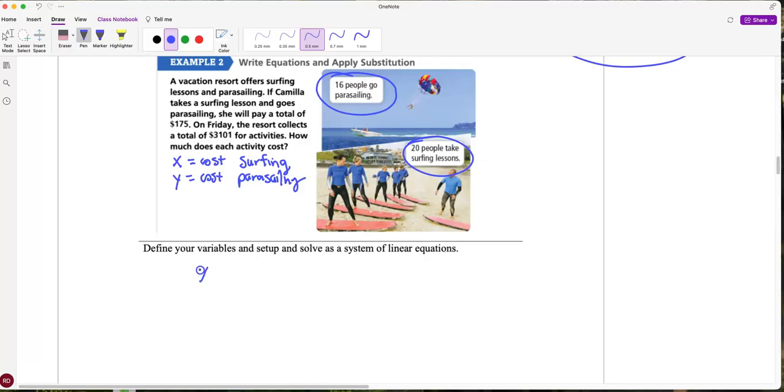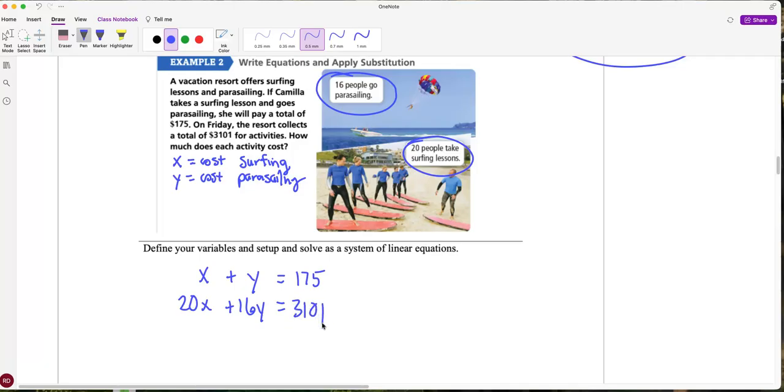So Camilla took one surfing and one parasailing, and she paid what? $175. Then the resort had 20 people take surfing and 16 people take parasailing, and that was $31.01.